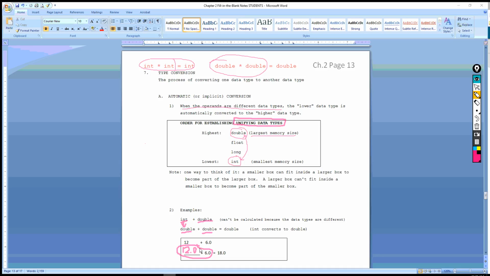If they have different data types, they can't be added, multiplied, or divided. But once they're unified, they can be calculated. That's why 12 plus 6.0 is not just 18, because that would be saying an int plus a double is an int. In actuality, it converts to double plus double, so it's a double.